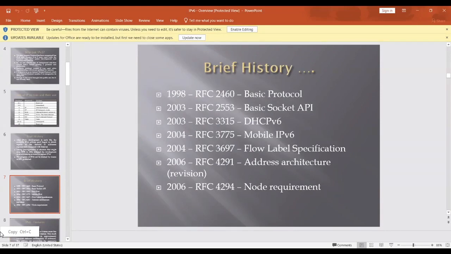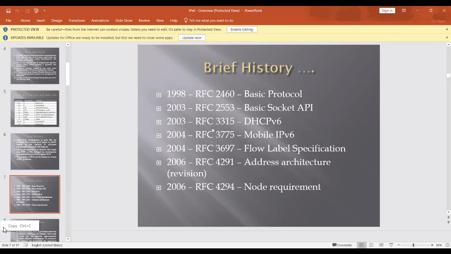So if somebody is interested in studying IP version 6 very deeply for research, they can utilize these RFCs and get more information, especially RFC 4291 and RFC 3775, which are the most appropriate, and also RFC 3315 is a very good request for comments.